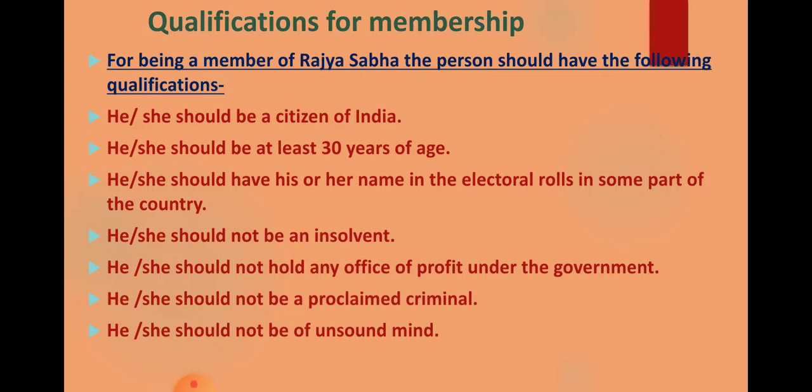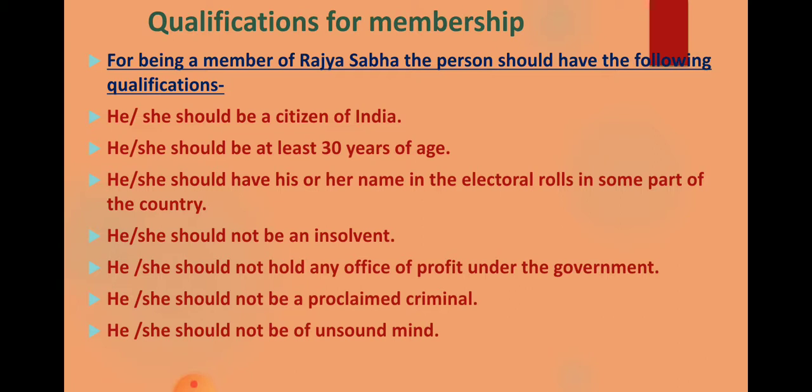The first one, he or she should be a citizen of India. Only Indian citizens can become the members of Rajya Sabha. The second one, he or she should be at least 30 years of age.